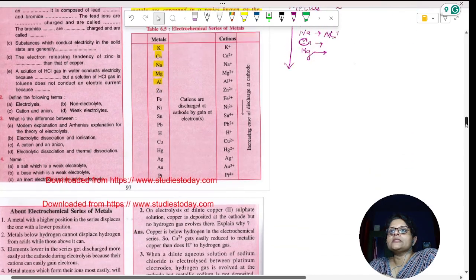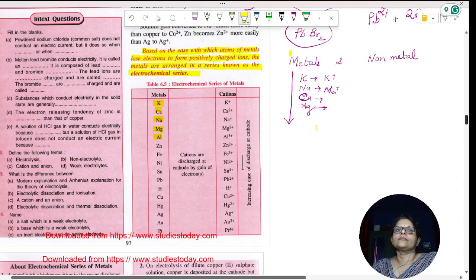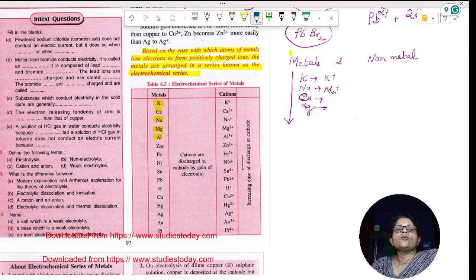So what happens? After that zinc, and then iron, nickel, tin, lead, hydrogen. Mostly we say that above hydrogen, the reactivity is more. The tendency to lose electrons for these atoms is more. So what happens at the cathode?